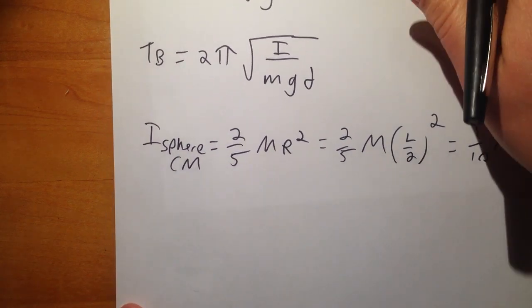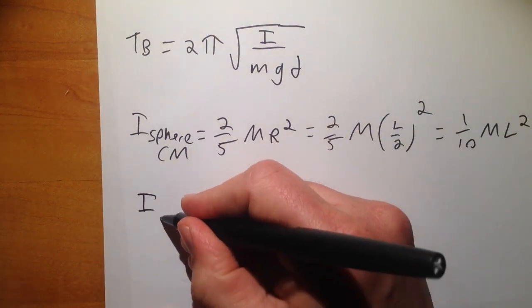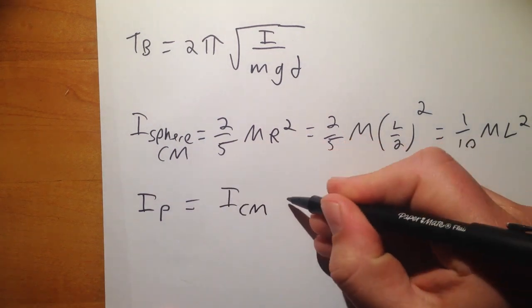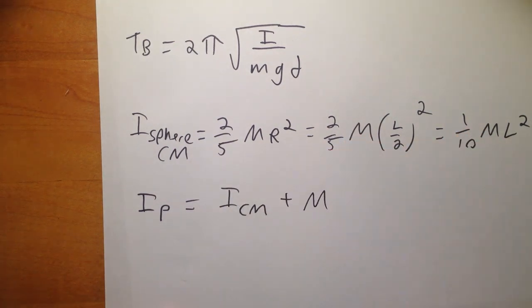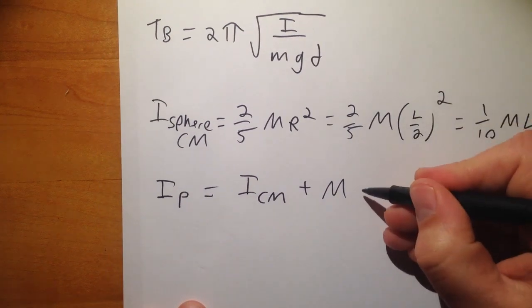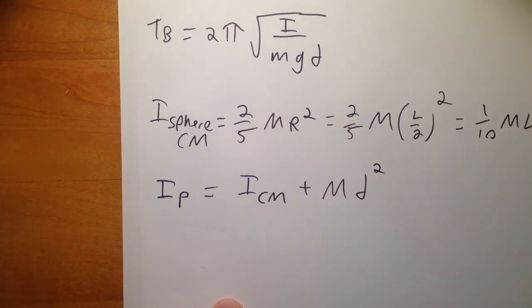So I'm going to bring into play here our parallel axis theorem. The moment of inertia about a parallel axis is equal to the moment of inertia about the center of mass plus the mass of the object, which is moving in a circle, or in this case oscillating back and forth, times the distance between the center of mass and the parallel axis squared.